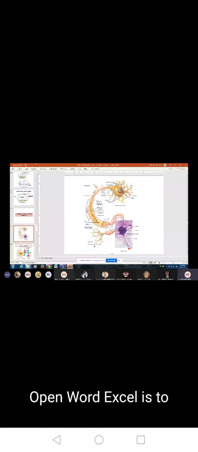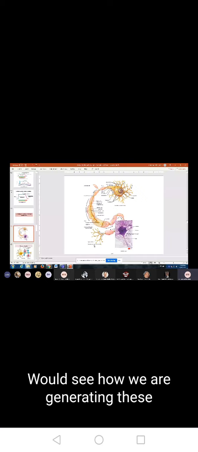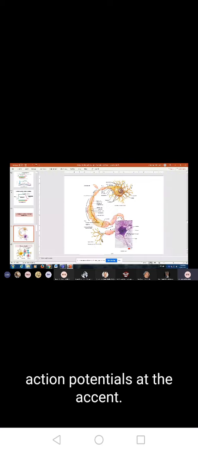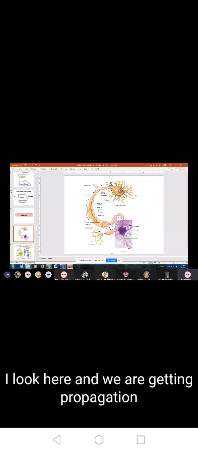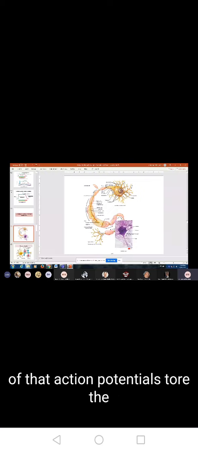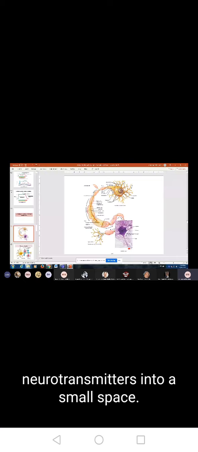The function of a neural cell is to generate action potentials. We'll see how we are generating these action potentials at the axon hillock here, and we are getting propagation of that action potential toward the terminals. And at the terminal, these action potentials are causing release of neurotransmitters into a small space here. That terminal is connected with another cell body of neurons.